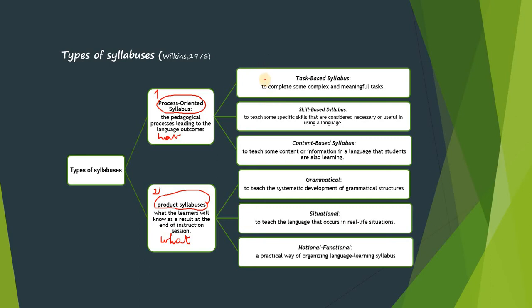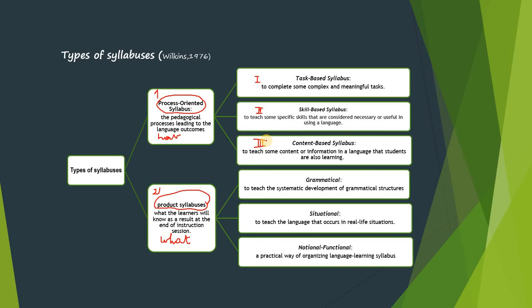And of course, for the process oriented, we have big Roman 1, the task based syllabus, Roman 2, skill based, and 3, content based syllabus. So we start with task-based syllabus.